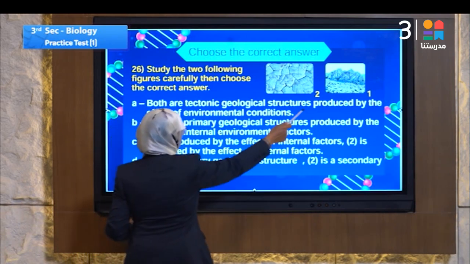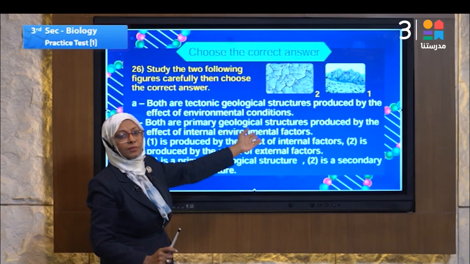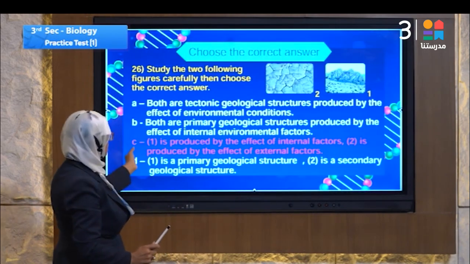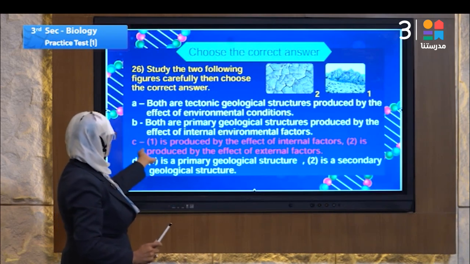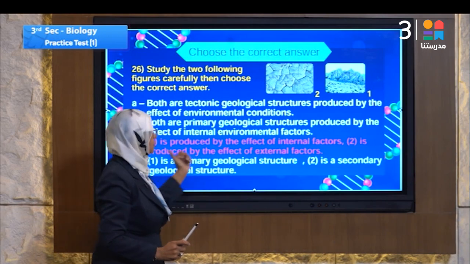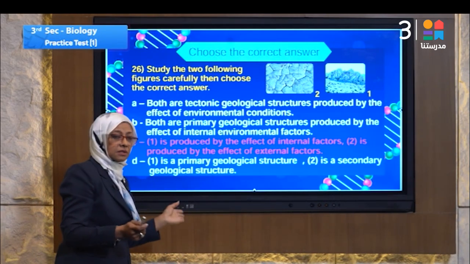That's 1. Number 1 is the internal factor, but 2 is affected by the environmental factor, so the answer must be C. C is the correct answer. Let's read it again. 1 is produced by the effect of internal factors, and 2 is produced by the effect of external factors. That's the right answer.